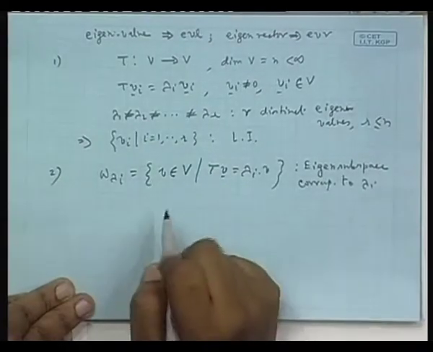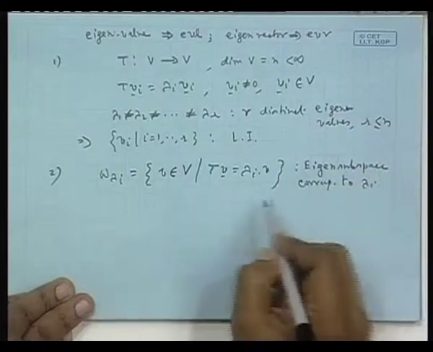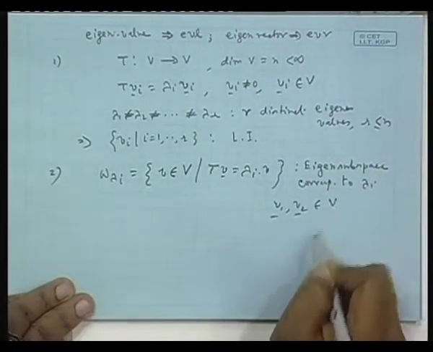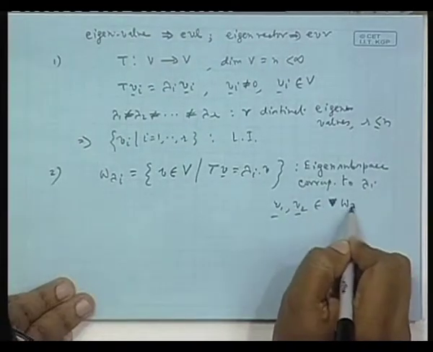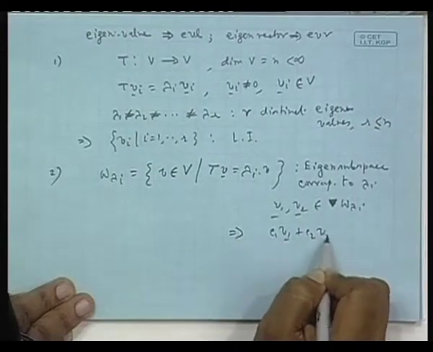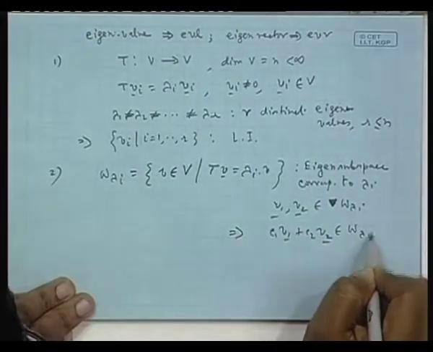Why is it a subspace? We have seen last time that if V1 and V2 belong to W_lambda_i, then any combination C1 V1 plus C2 V2 also will belong to W_lambda_i.